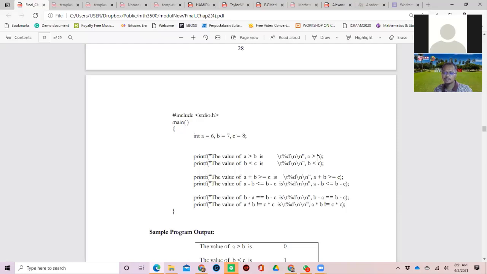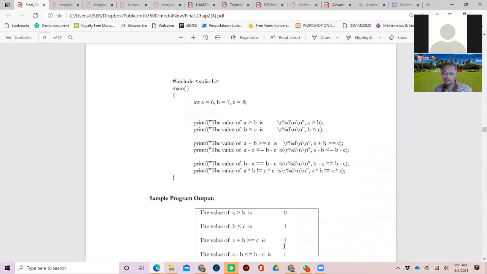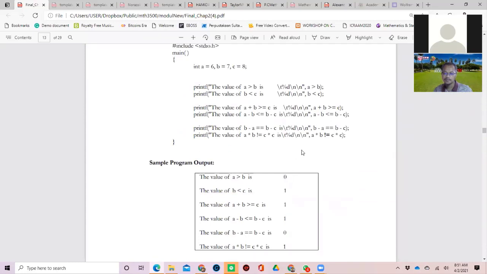In C, the value is 0. Just one, it outputs 0 below, you see the result. Okay. B less than C, so the value is 1, and then 1, 1, 0, 1. This one is the result of logic in C. 0 is false, 1 is true. Okay.